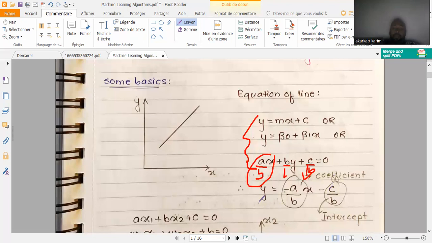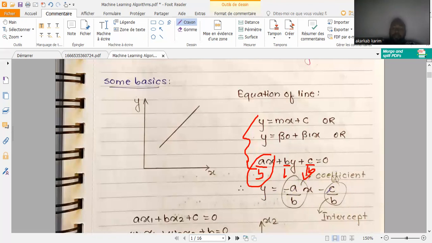And finally, we found our formula: y equal to minus a divided by b times x minus c divided by b. This term is called the intercept, and this one is called the coefficient or slope of this line. In this case it should be negative.